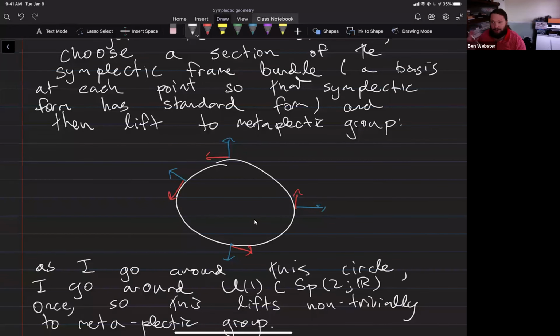And that loop in the symplectic group is not contractible. I go around the U1, which I could just take inside Sp(2,R), exactly once. So this is a path which doesn't lift to a closed path in the metaplectic group.